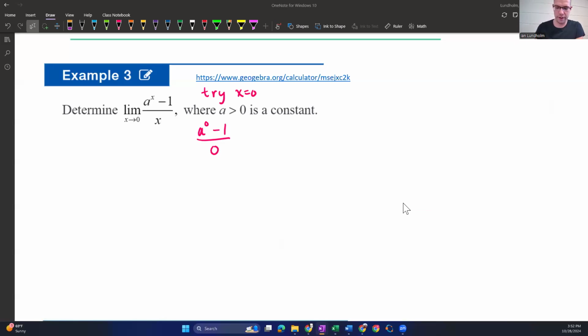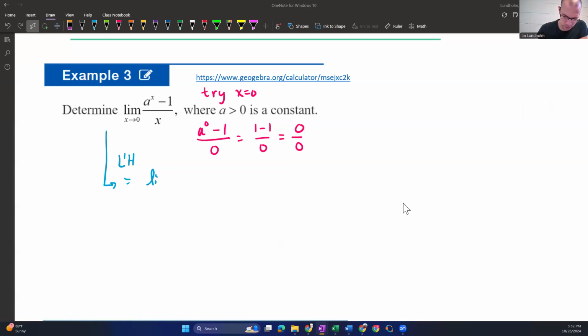And since a to the 0 is equal to 1, we got 1 minus 1 over 0, or 0 over 0. So we are in a good indeterminate form. And the idea would be that we could utilize L'Hopital's rule right off the bat.